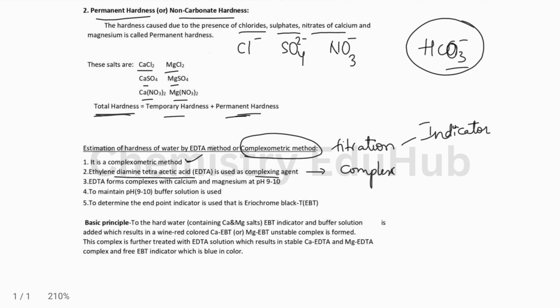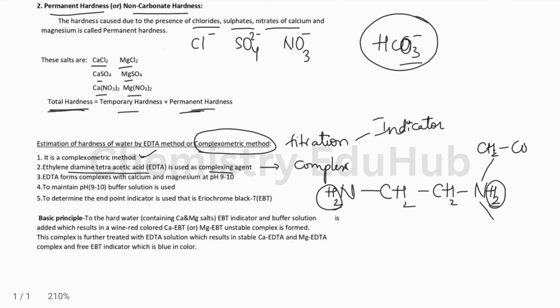So what is EDTA? Ethylene diamine. Ethylene is generally CH2 double bond CH2, but when the pi bond is replaced with two amines, we get CH2 and CH2, each connected to N. This is generally ethylene diamine, but these two hydrogens on each nitrogen are replaced with acetic acids, that is CH2COOH, CH2COOH.